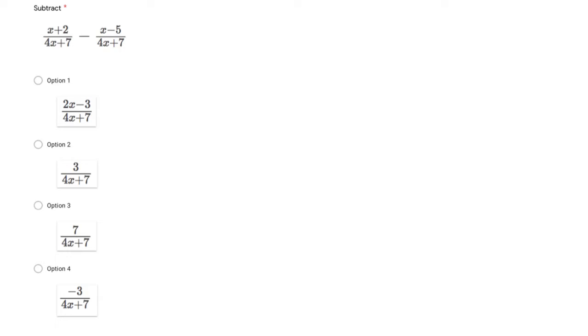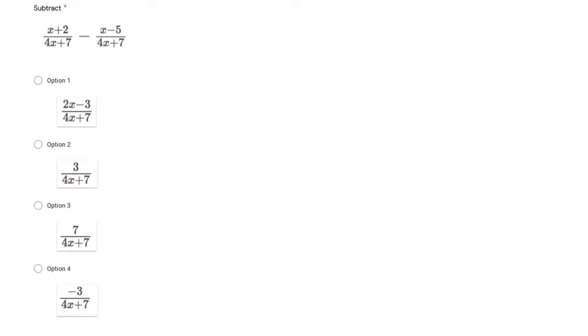This one's very similar. The only difference here is now instead of having just a monomial for the denominator, you have a binomial. So 4x plus 7 is a common denominator already. It just so happens now it's a binomial. It doesn't change any of the math. You still have x minus x, and then you have 2 minus negative 5.